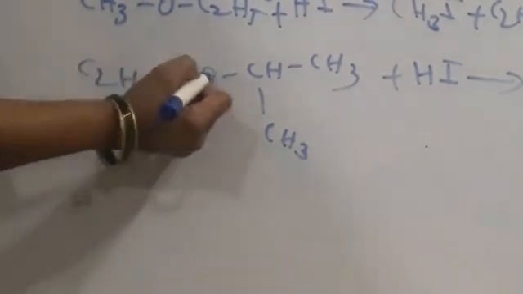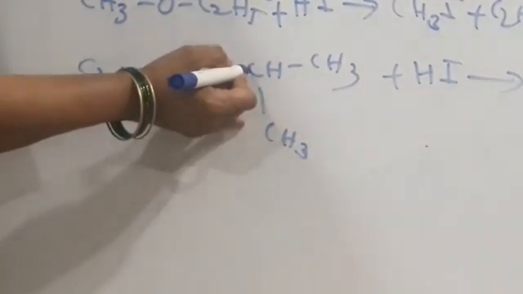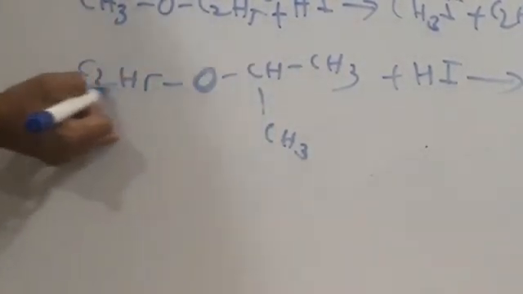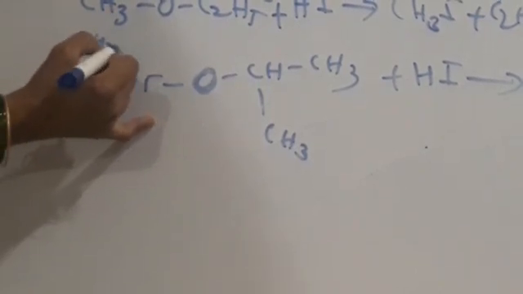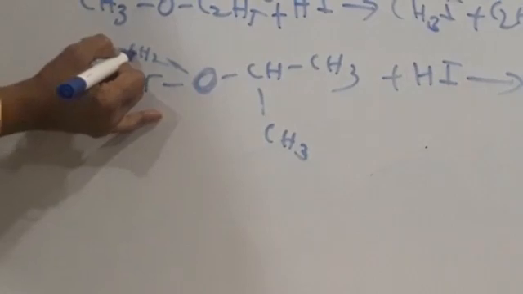See here, this is the ethereal oxygen and this is the carbon directly linked to it. It has only one hydrogen atom. Whereas in C2H5, that is CH3CH2, the carbon directly linked with the ethereal oxygen has more number of hydrogen atoms.